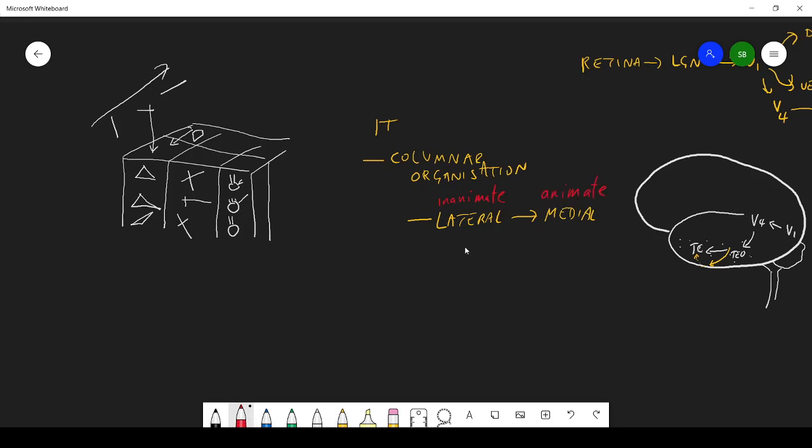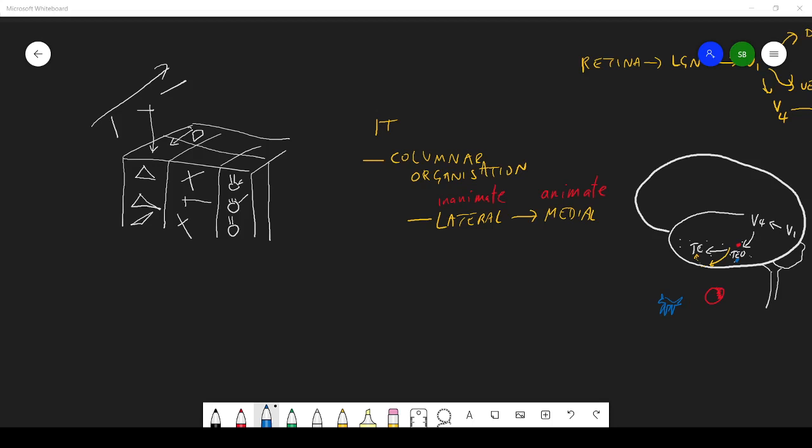So for example, on the side here, you might get responses to, I don't know, solid shapes of various kinds. Whereas if you start to look maybe more medially, you might get responses to more animate type stimuli. Not quite sure what that is, but I think you get the idea.